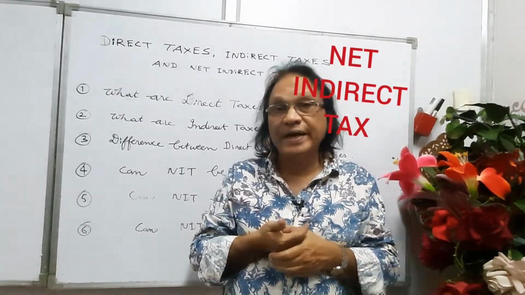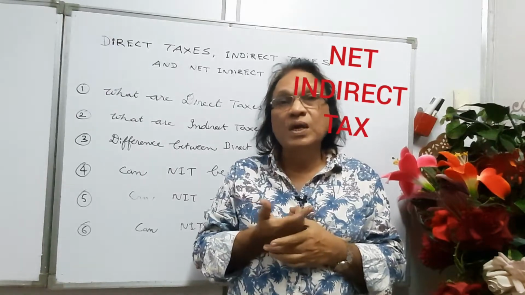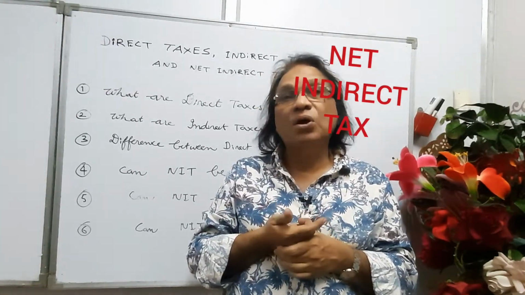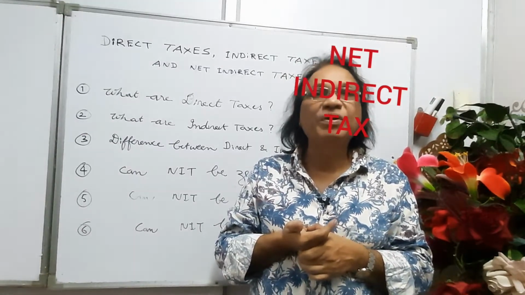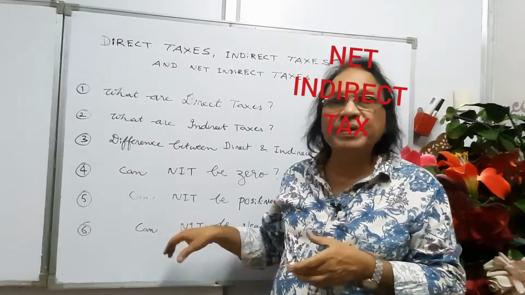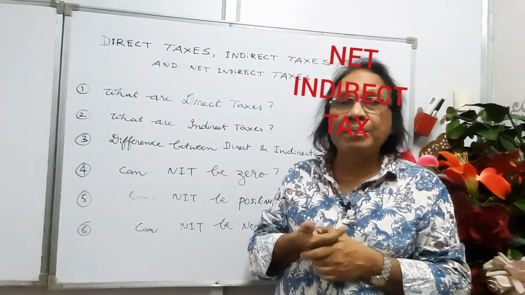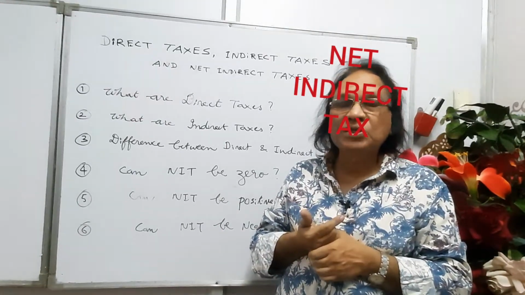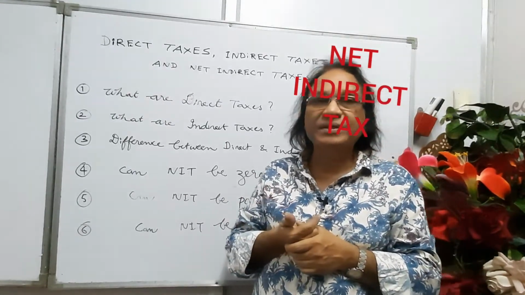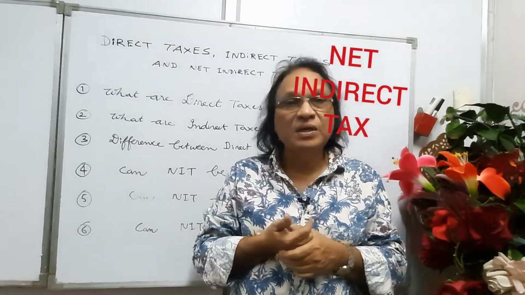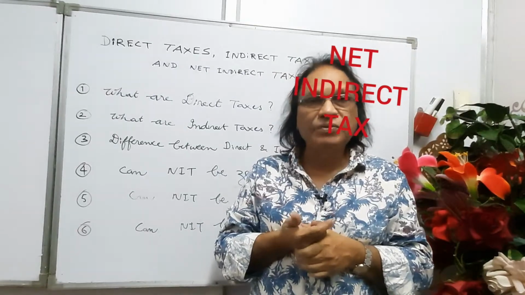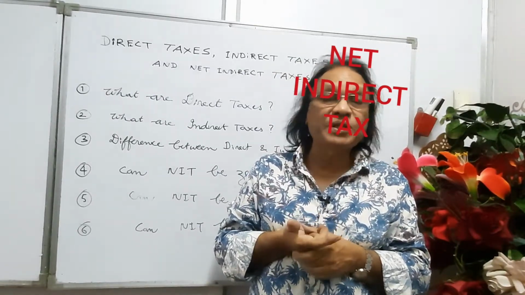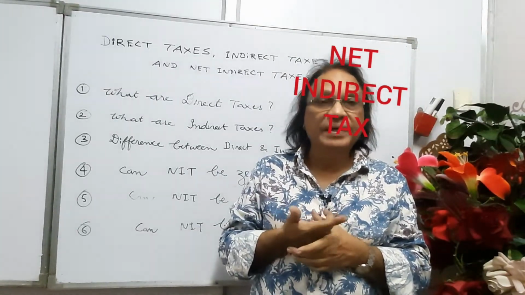Yes, oftentimes we see NIT is positive when indirect taxes are more than subsidies. Can NIT be negative? Yes, it can happen in case of farmers. So farmers don't have to pay any taxes, but they get a lot of subsidies. So in that case, the NIT will be negative. NIT will be negative when subsidies are greater than the taxes.